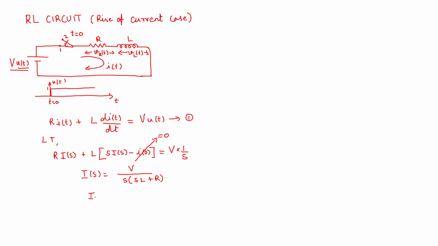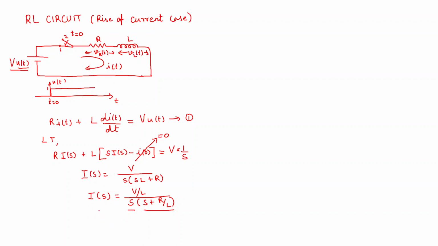Let me take L out so that I get it in a standard format, that is V by L divided by s into (s plus R by L). So in the denominator I have two terms, one is s and the other is s plus R by L.